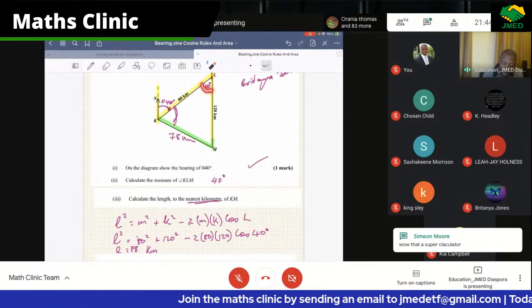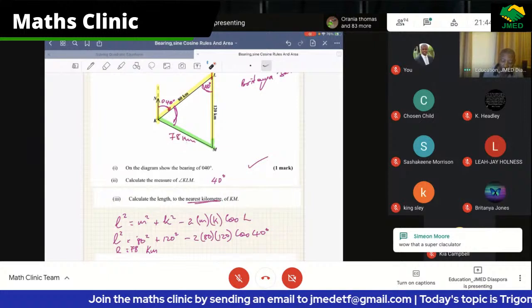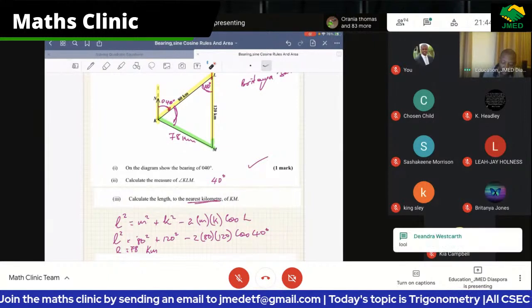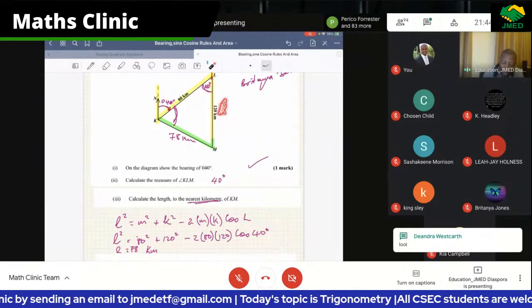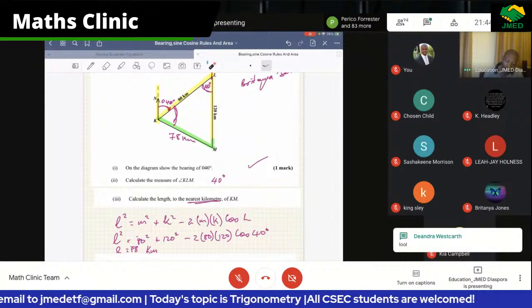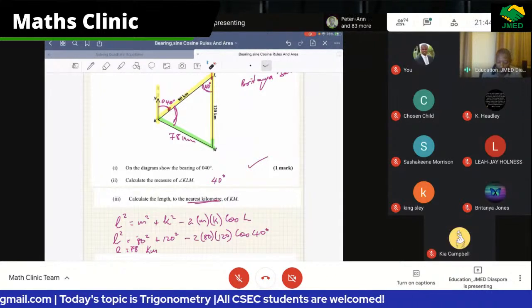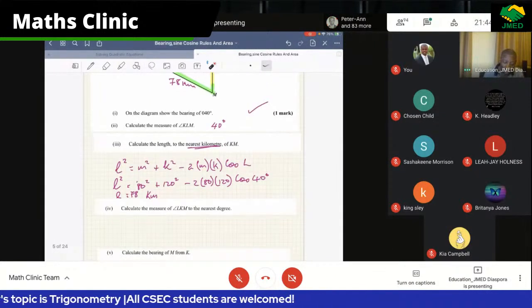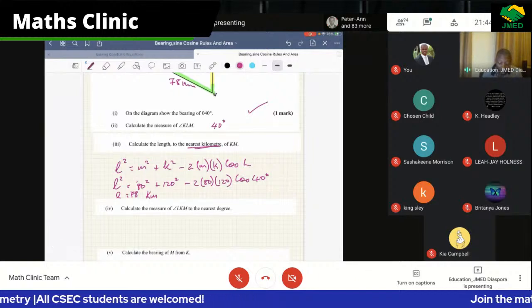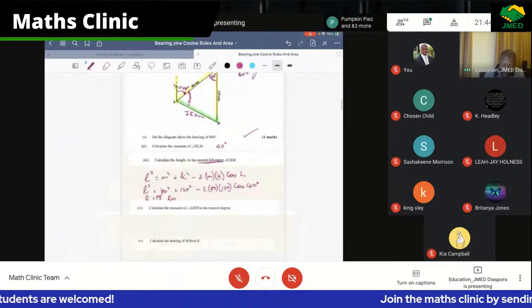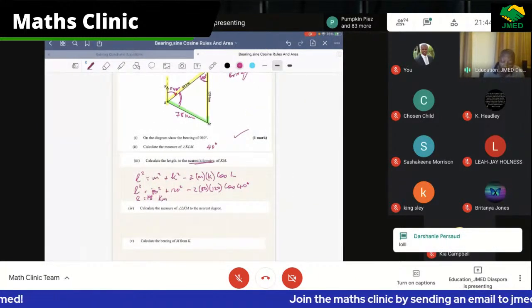We're given L and the angle L, and we're given K to find angle K. So I'm working with angles. Because we're working with angles, I want to find the angle, so I'm going to put the angle at the top.